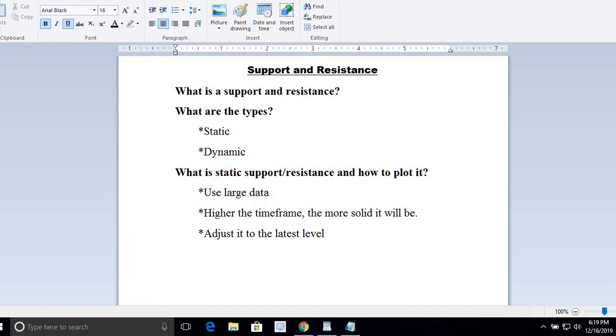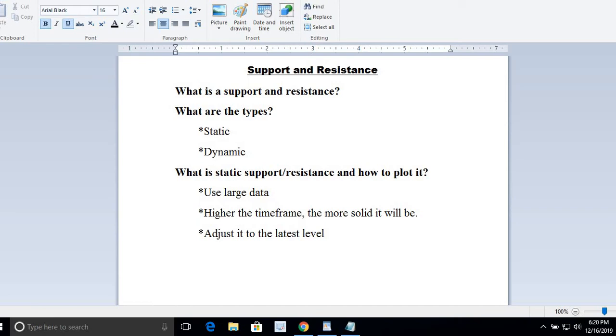And next, if you're choosing the higher time frame, you have the more advantage that your area will be solid, and there won't be many intermediate lines where you will be confused whether to exit your trade or just run it.